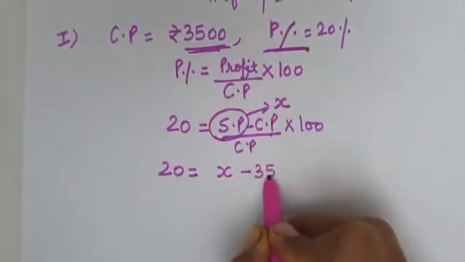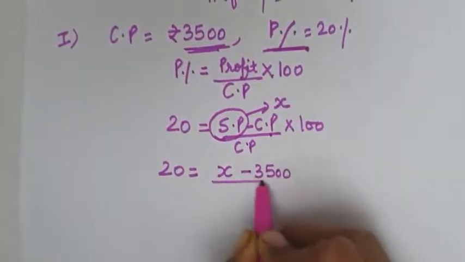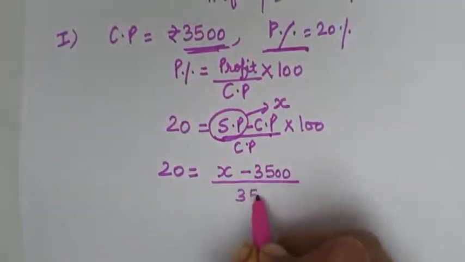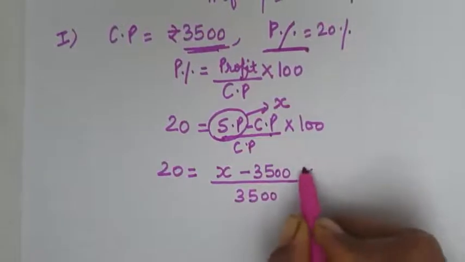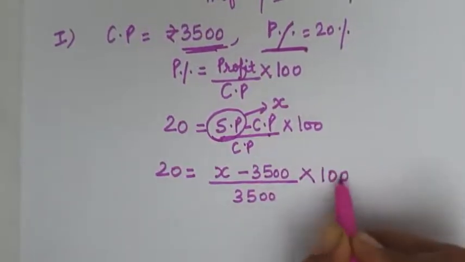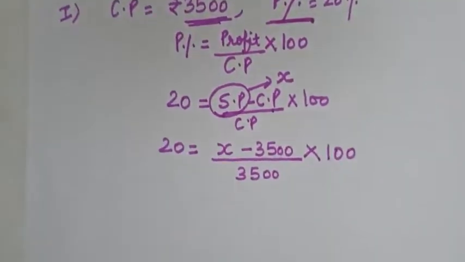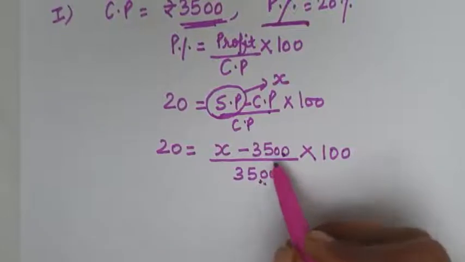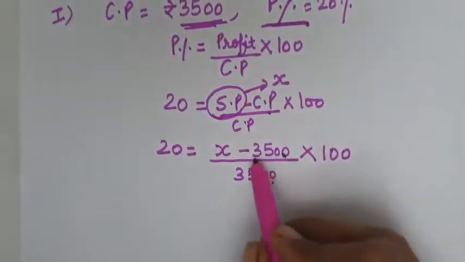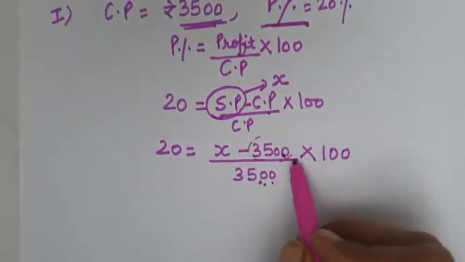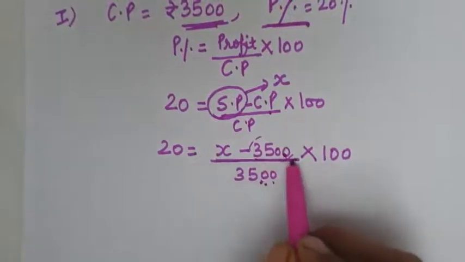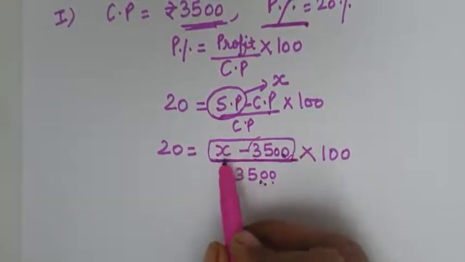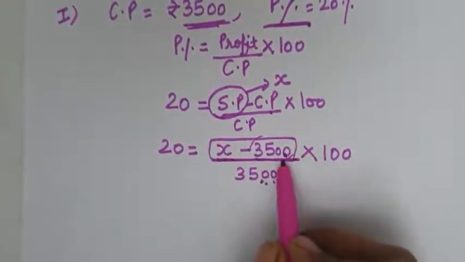So put 3500 upon 3500 multiply 100. Now students, you cannot cancel 3500 by this 3500 because this is not only 3500, this is the whole term, this is X minus 3500.